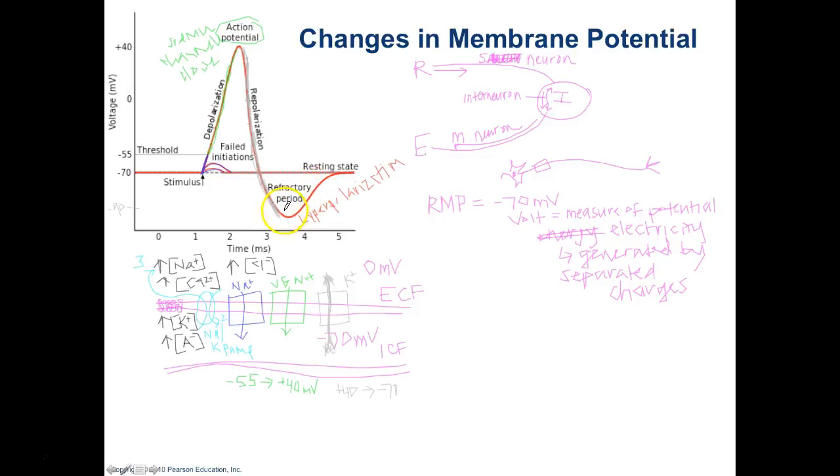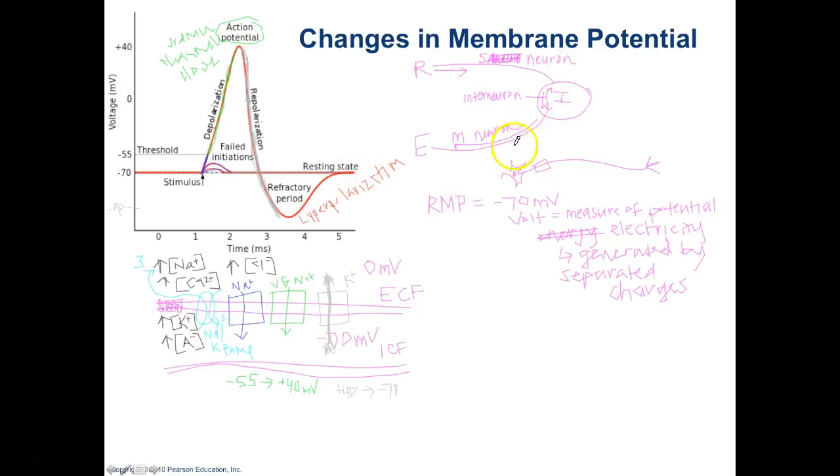That means that it's going to be more difficult to get an action potential to occur, for a stimulus to cause the inside of the cell to become more positive again and reach this threshold at this point, because our cell is super negative now. And the reason for that is so that we wait until the inside of the cell becomes negative 70 again, that resting membrane potential, via the sodium potassium pump.